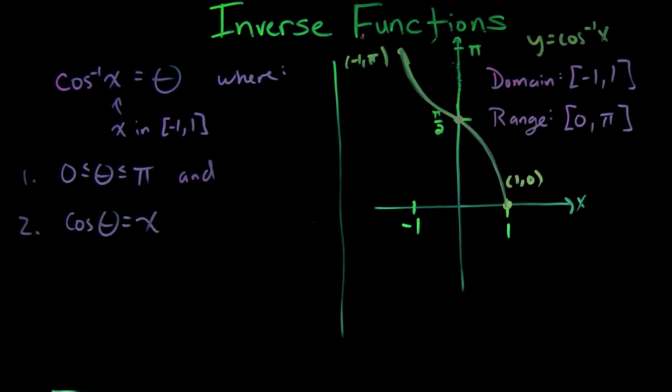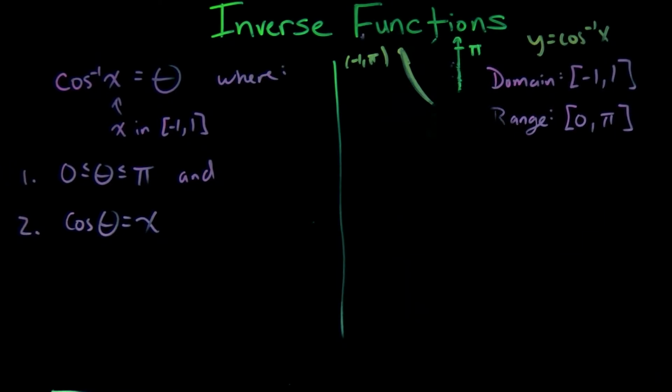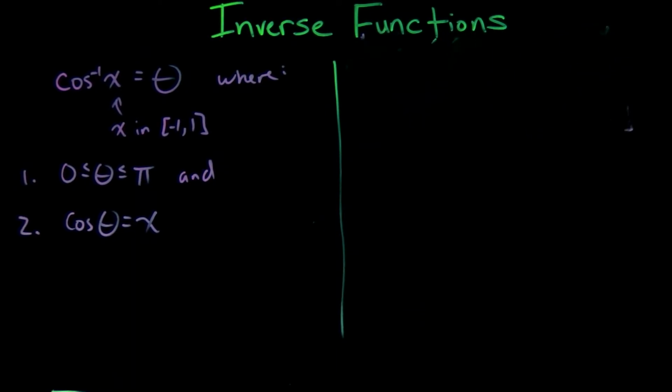So it's a little different from the inverse sine because now the inverse cosine is not going to spit out an angle between negative pi over 2 and positive pi over 2. It's going to spit out an angle that's in either the first or second quadrant. Okay, so for example, the inverse cosine of 1 over square root of 2 is pi over 4.